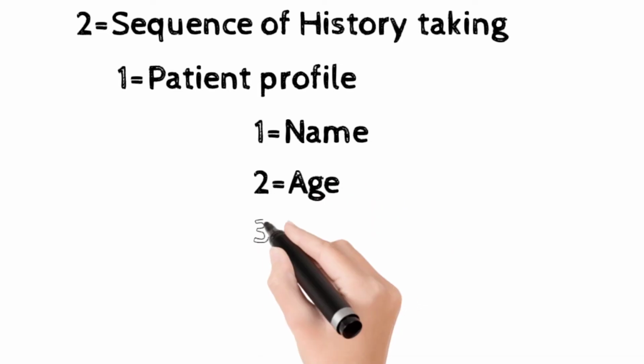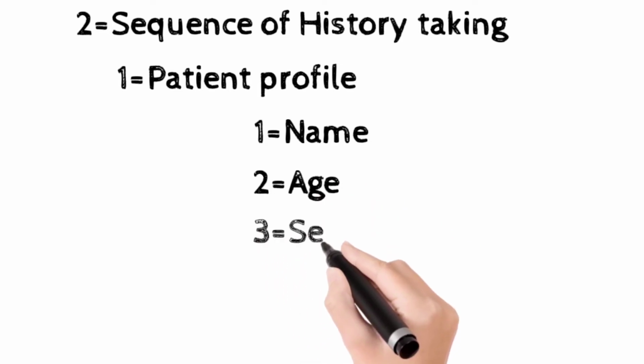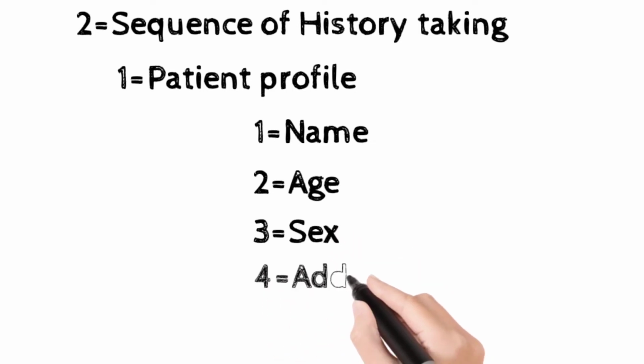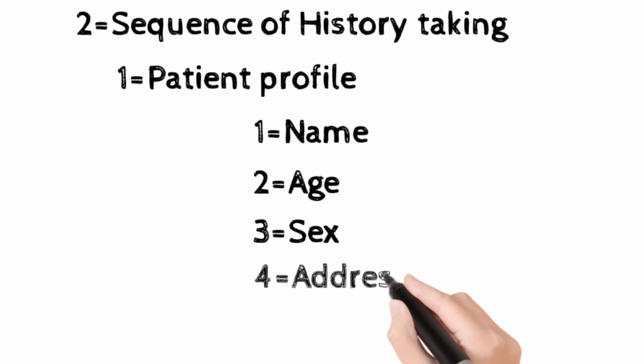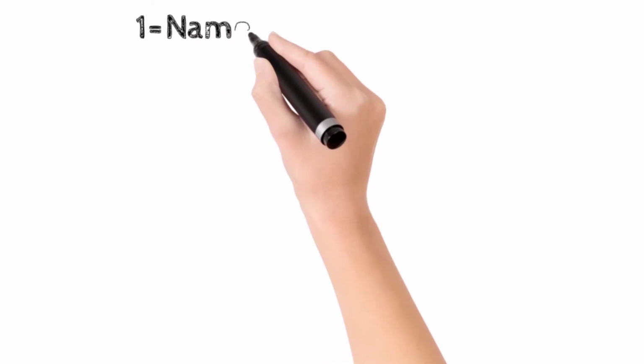Now in patient profile we will study 4 headings. First is the patient name, second is patient age, third is patient sex, and fourth is the patient address. First we start from the patient name.